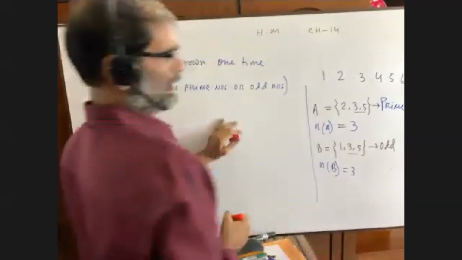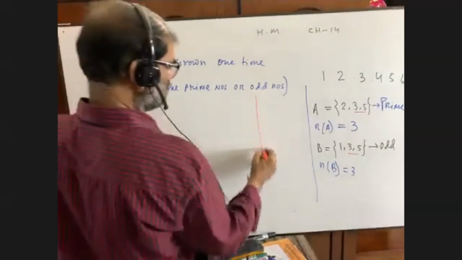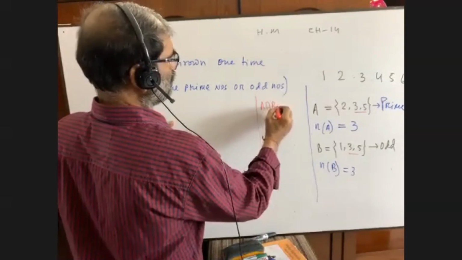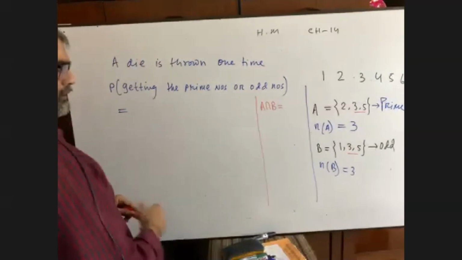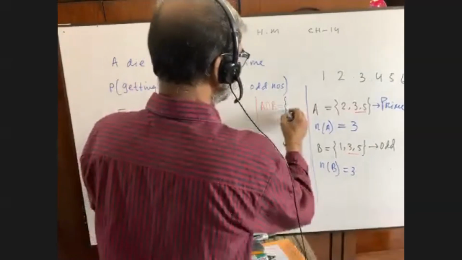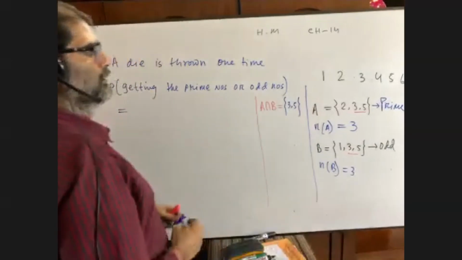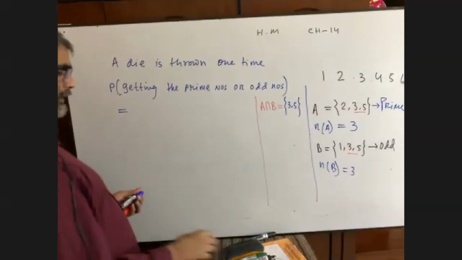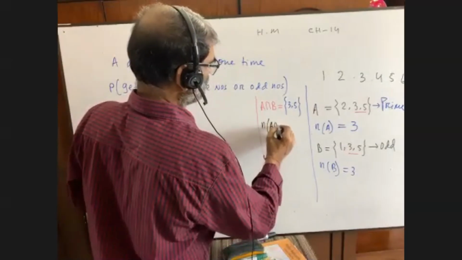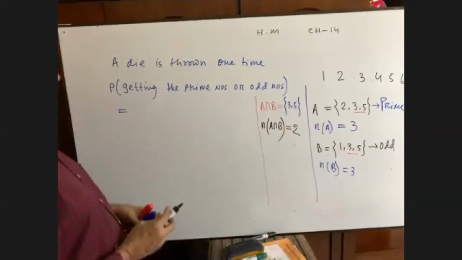I think you have got me. Is it? Yes, sir. So what is to do? Find A intersection B. What is the intersection? 3 and 5. Yes, sir. Okay. So we can write n of A intersection B equals 2.